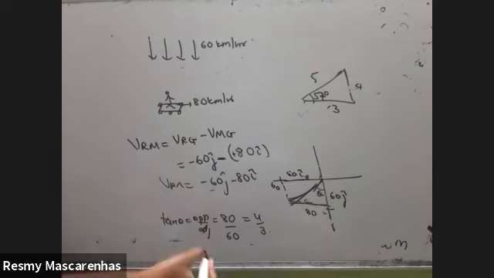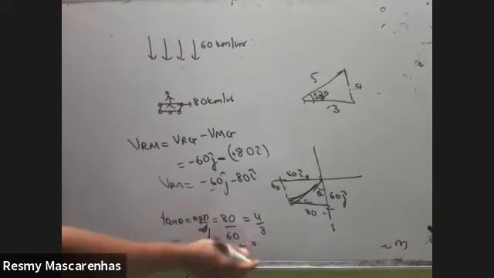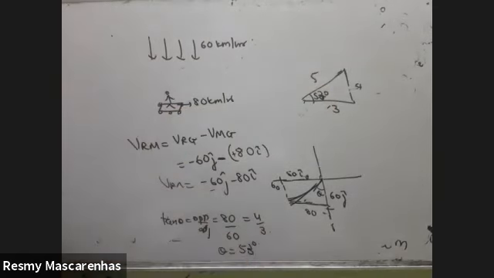So theta will be directly 53, sorry, that is 37, no? So complement range. Just correct it, 53 degree.